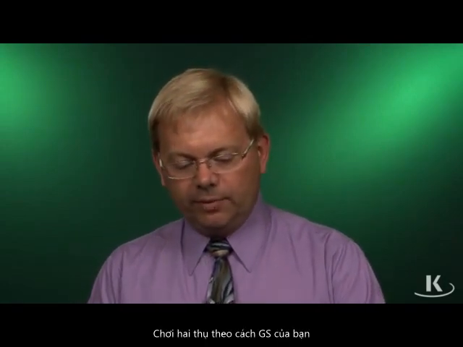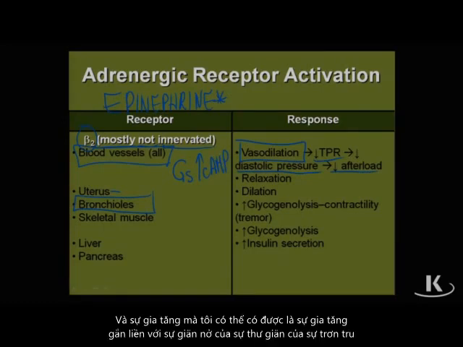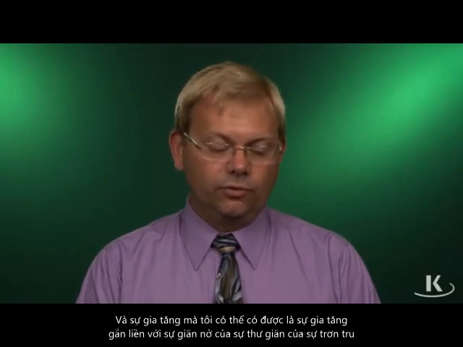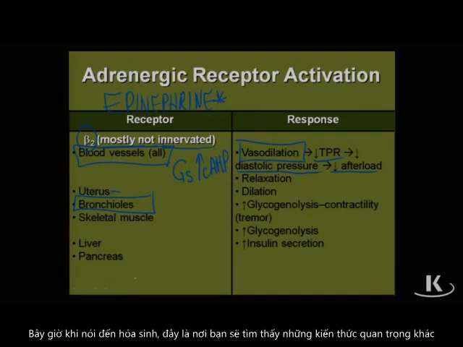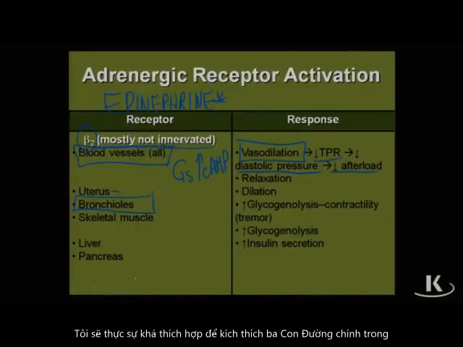Beta 2 receptors, by the way, are Gs coupled, and they increase cyclic AMP. And that increased cyclic AMP is the one associated with the dilation or relaxation of smooth muscle. Now, when it comes to biochemistry, this is where you'll find other big points for your beta 2 receptors. Beta 2 receptors are going to be quite relevant really to stimulate three major pathways in the liver.